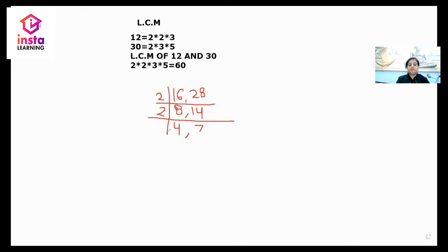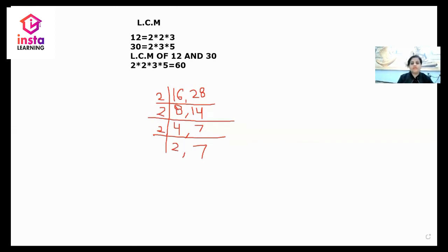Now again 2, but 7 cannot be divided by any number. So here 2, then 2, then this is 7. Okay. So it means it is not divisible by any number because it is a prime number. So we have to do like this.